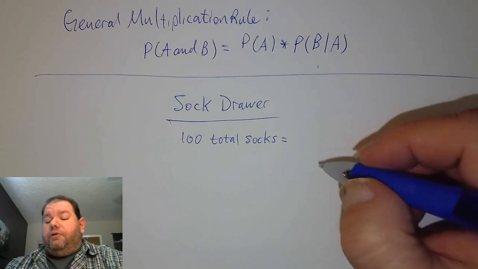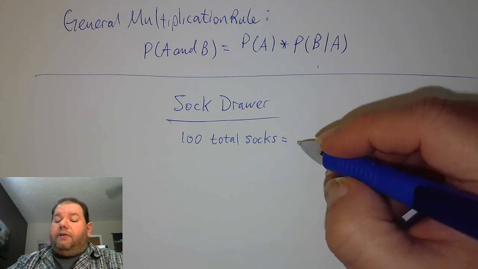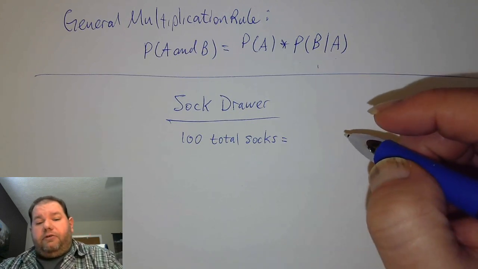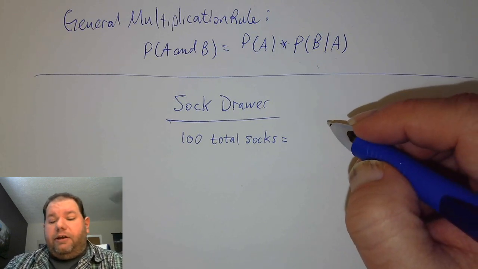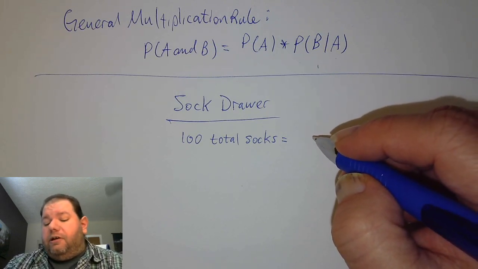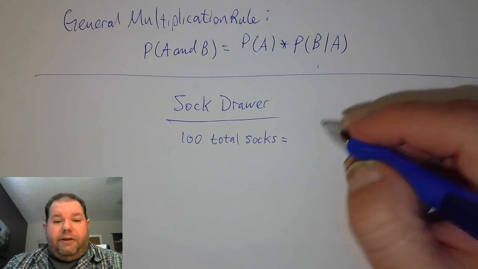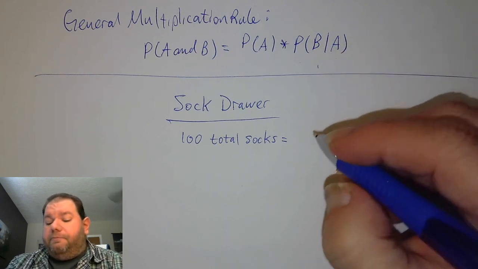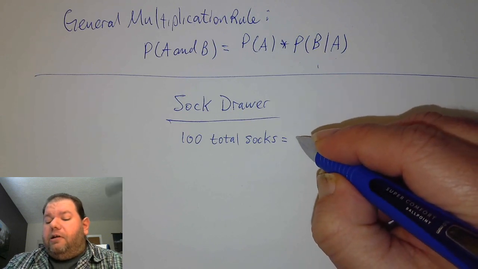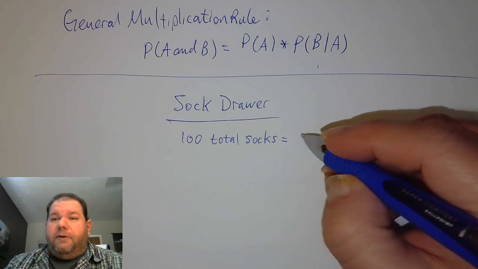Now, in this drawer, among these 100 socks, I don't have a lot of color variation in my sock wardrobe, so I'm just going to go with white, gray, and black. That's actually the truth, because this is a guy thing, I guess. I don't know. My dress socks are a little bit more fancy, but yeah. Let's say most of my socks are white.